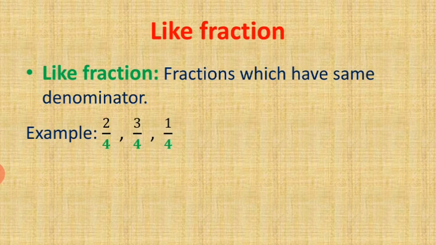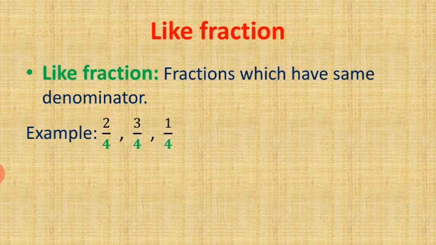Today we will learn the first topic, like fraction. What is like fraction? Fraction which have same denominator is called like fraction. You can see in example 2 upon 4, 3 upon 4, 1 upon 4.